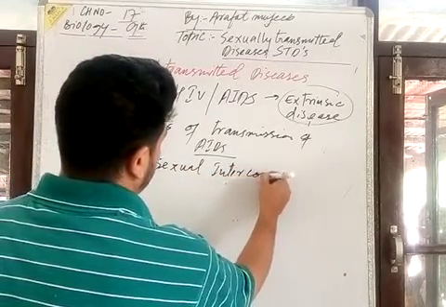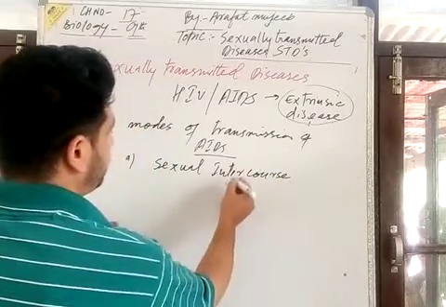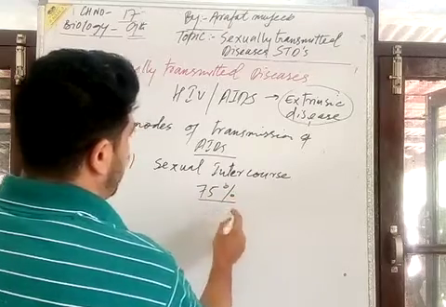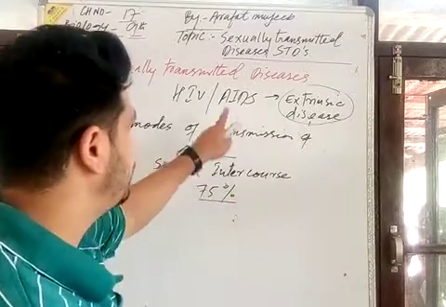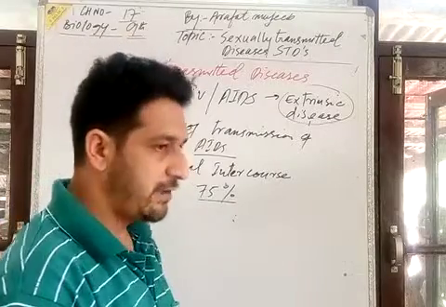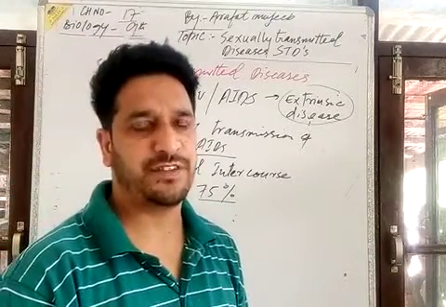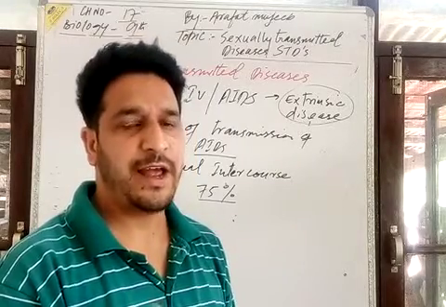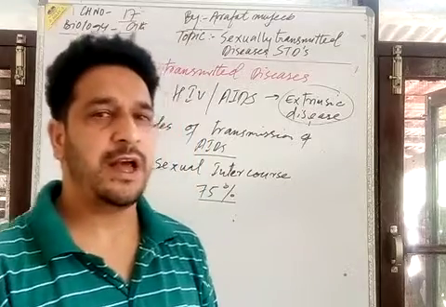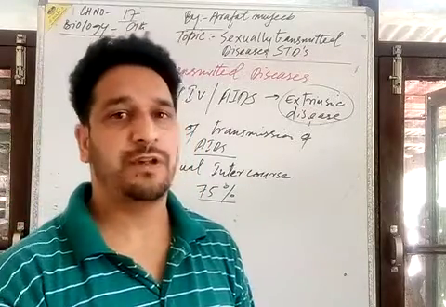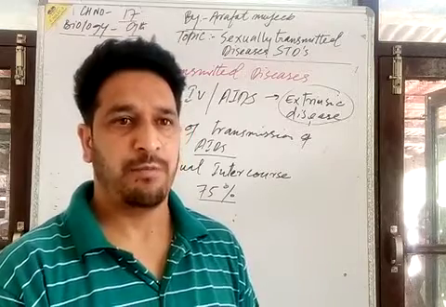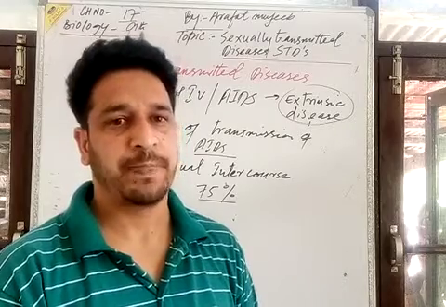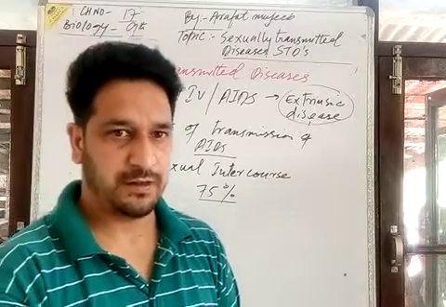By means of sexual intercourse, there is a 75% chance of getting this disease if we have sex with multiple partners who are not known to us, and any person has sex without using any contraceptive method, without any protection, and there is a chance of getting this disease.